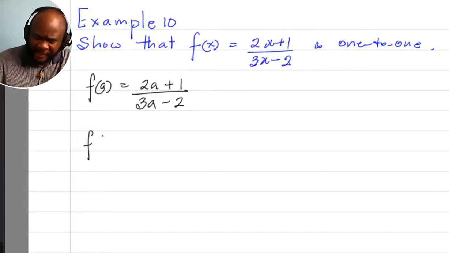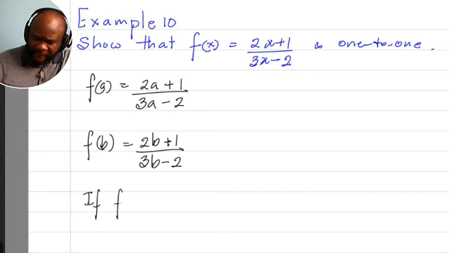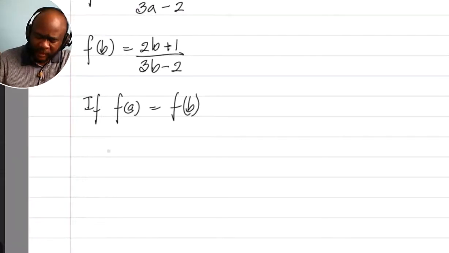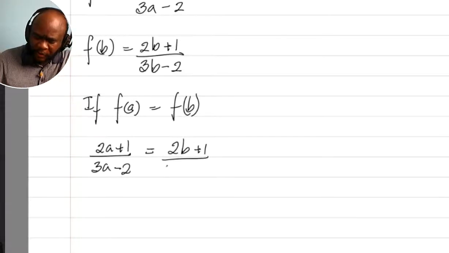Now, f of b would be 2b plus 1 over 3b minus 2. Now if f of A is equal to f of B, what we will have is 2A plus 1 over 3A minus 2 would be equal to 2B plus 1 over 3B minus 2.